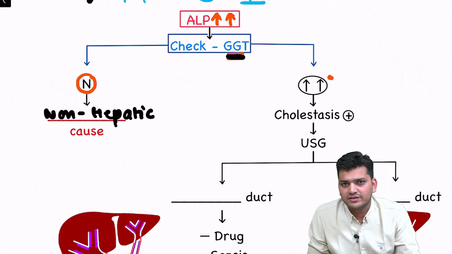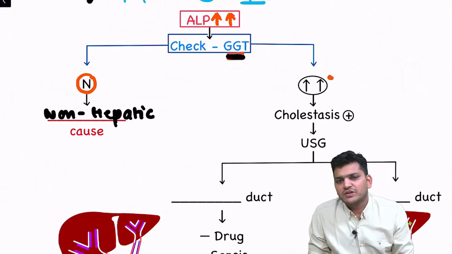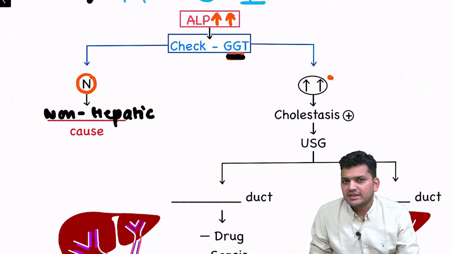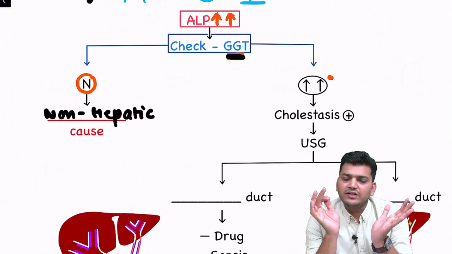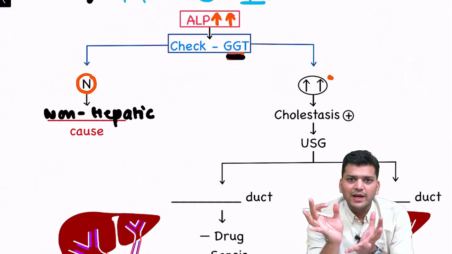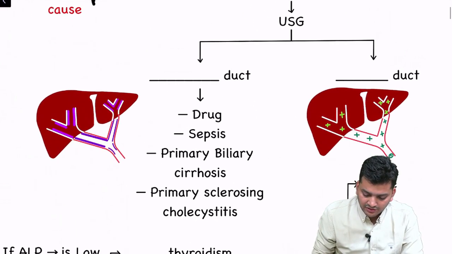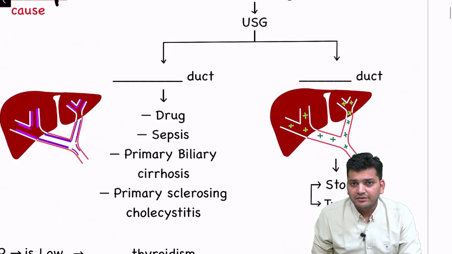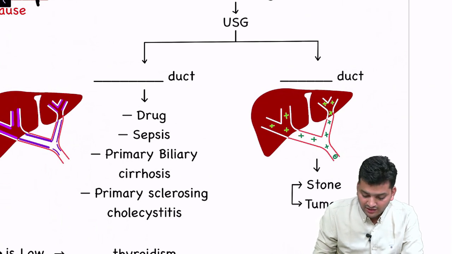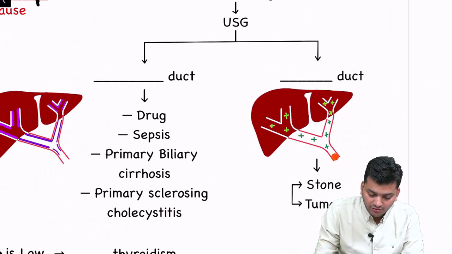Cholestasis means there is a problem in the flow of the bile. And where is the obstruction? Is it in the common bile duct, CBD? For example, is there any stone or tumor obstructing the flow here?